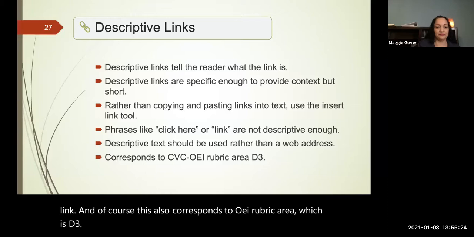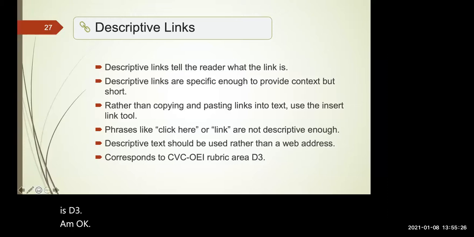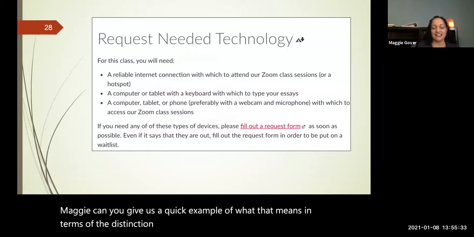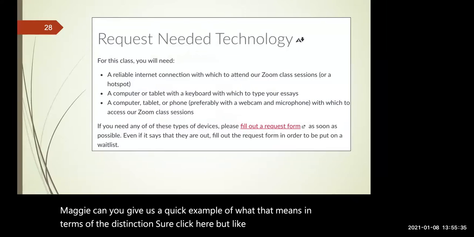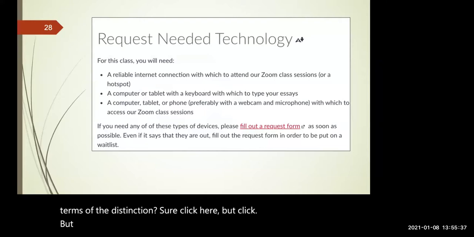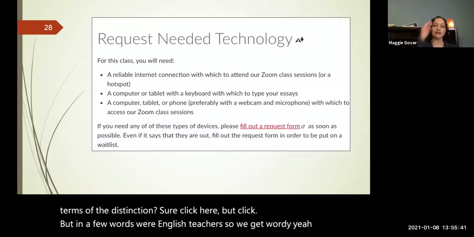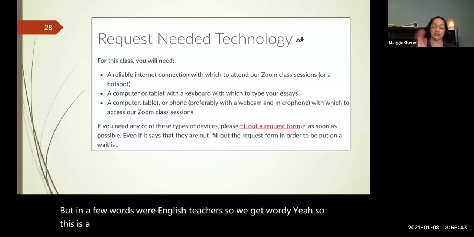Maggie, can you give a quick example of what that means in terms of the distinction? Sure. Not like click here, but in a few words, because we're English teachers, so we get wordy. This is a screenshot from my actual syllabus about requesting needed technology.